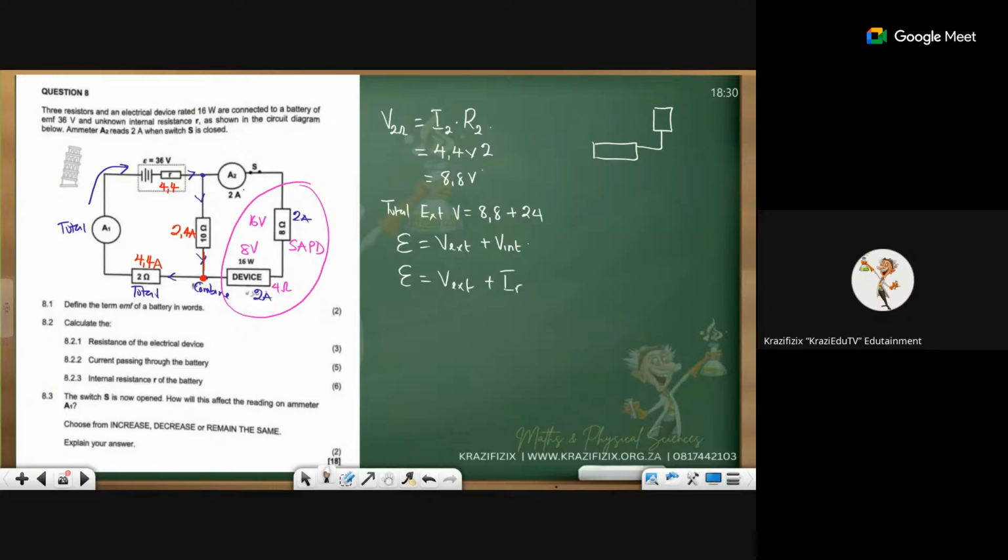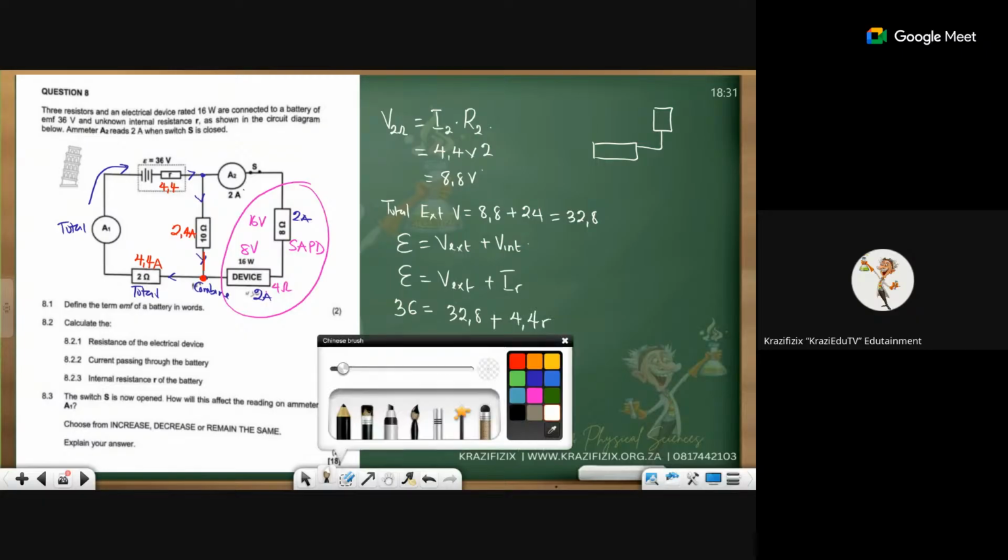Now, do we know that EMF is V external plus V internal, which can be written as V external plus I multiplied by small r? What's my EMF? 36. What's my V external? Oh, I didn't put this one. 32.8. What is my total current? 4.4. Please get me an answer.